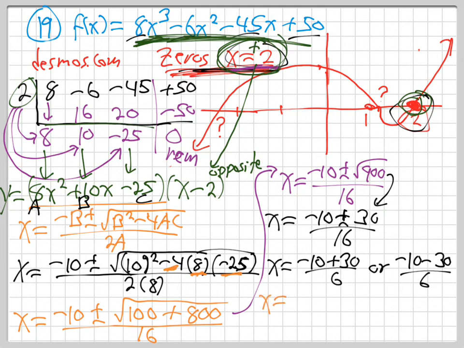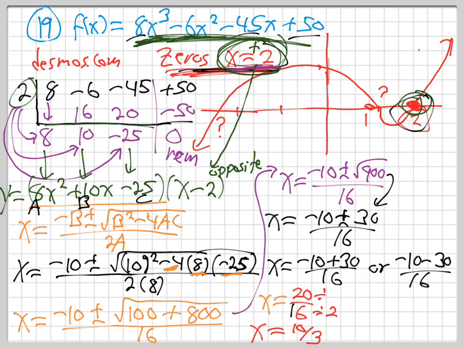So that's x equals, let's say, 20 over 6, reduce it, divide by 2 top and bottom. 10/3. Whoops, this should be a 16, shouldn't it? I'm messing up here. 16, 16, 16.